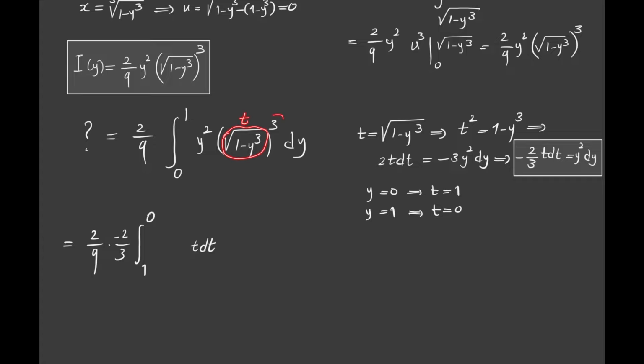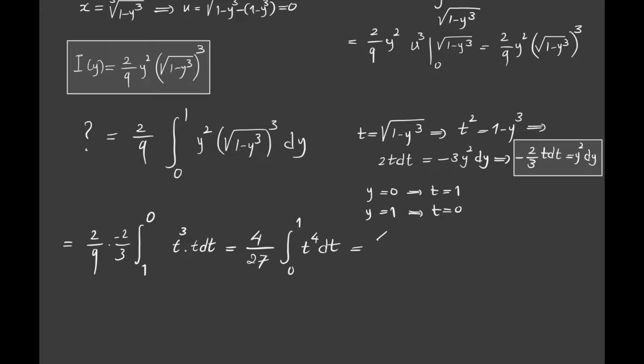I have a third power of t again, so I have another t to the power of 3. And again, the same story. So if you want to, I can take this minus sign away and flip the limits. And then it becomes 4 over 27. I just multiplied the constants, and then the integral from 0 to 1 of t to the power of 4 dt.